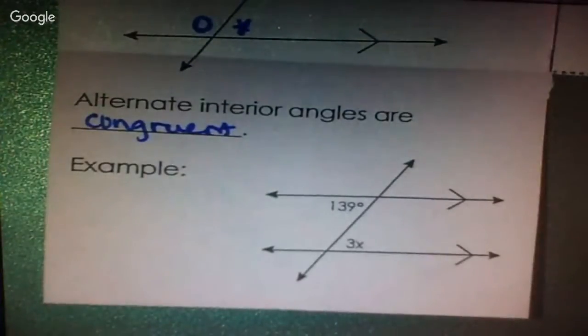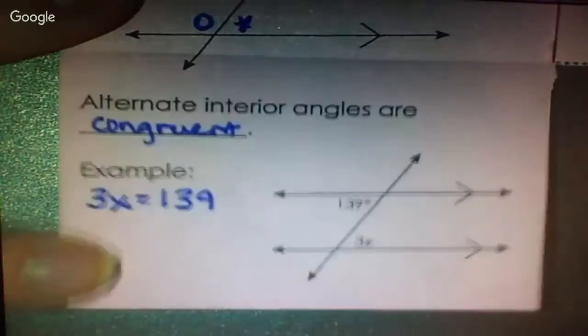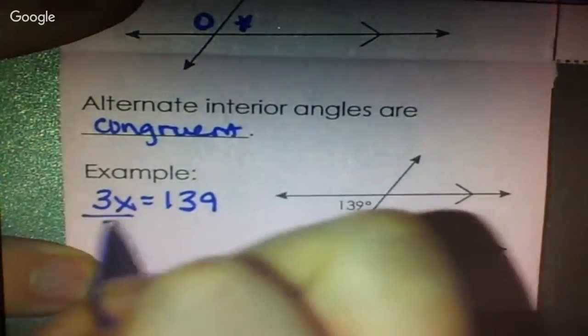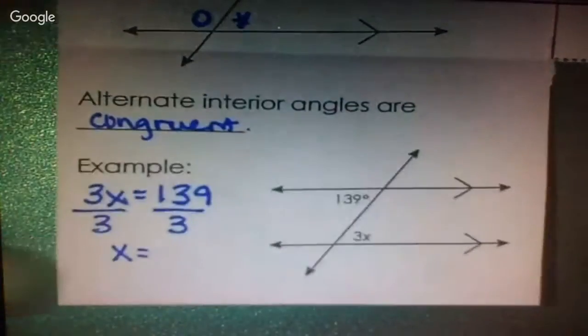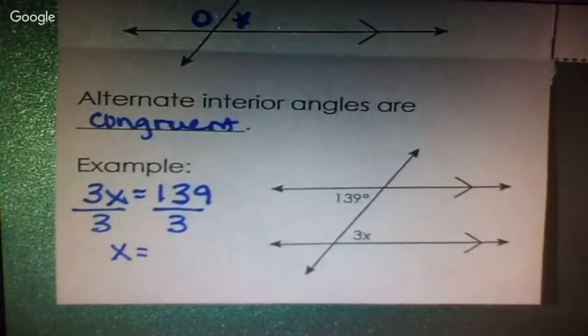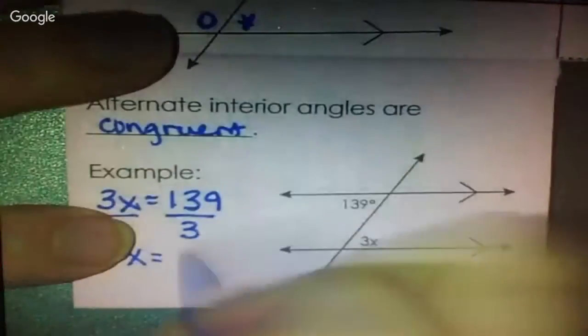So when I solve for this one, 3x should equal 139. And when I divide by 3, x should equal 46.3333.